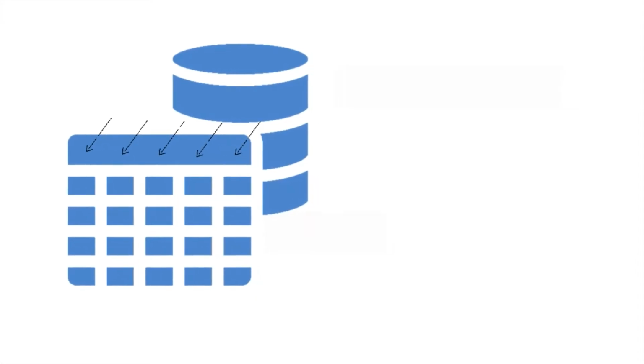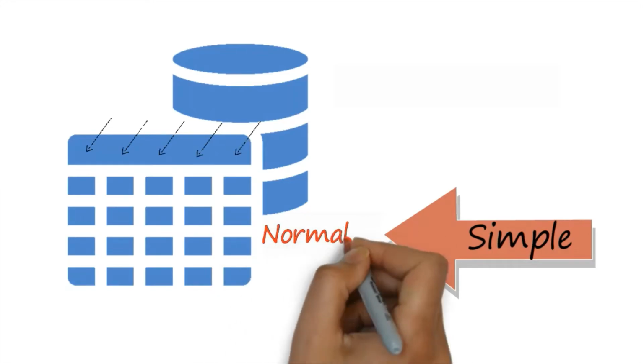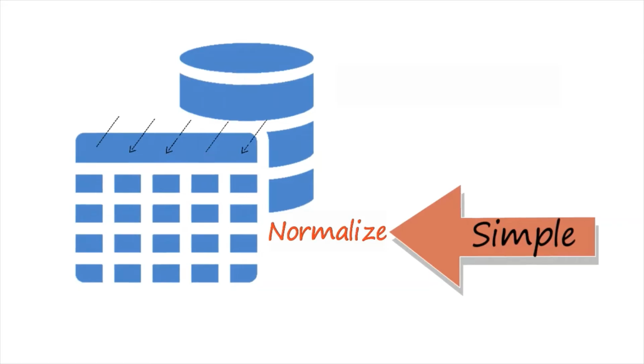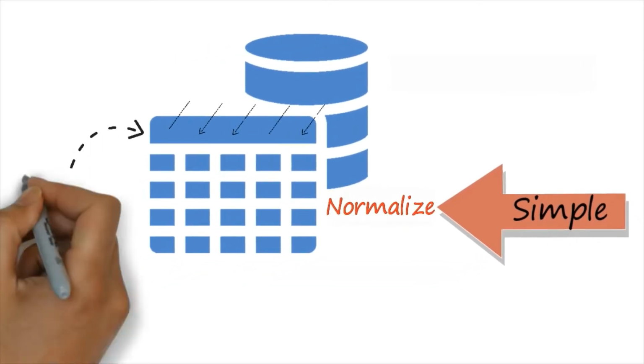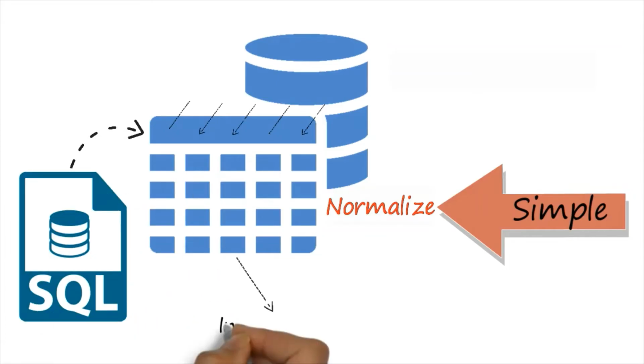Means our target is to keep this table simple, and this table should contain a smaller number of attributes. So this is our target. So in one word, what is our objective? Our objective is to normalize the table. Normalize the table means we will keep a minimal number of attributes in the table, so that on this table we can write good SQL queries to fetch some information.